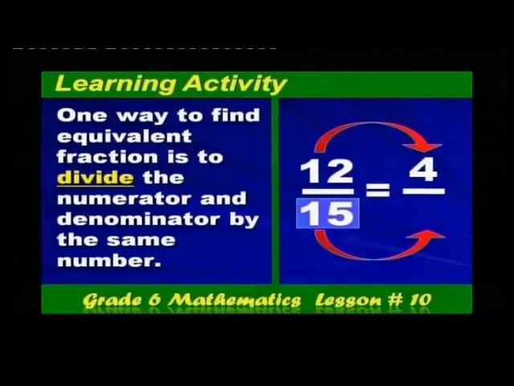Having in mind we are dividing, doing the opposite of multiplying, what would be a number that we can use to divide into 12 to get to 4? 12 divided by what number is equal to 4? Okay, I can hear some students calling out the answer. Imelda?